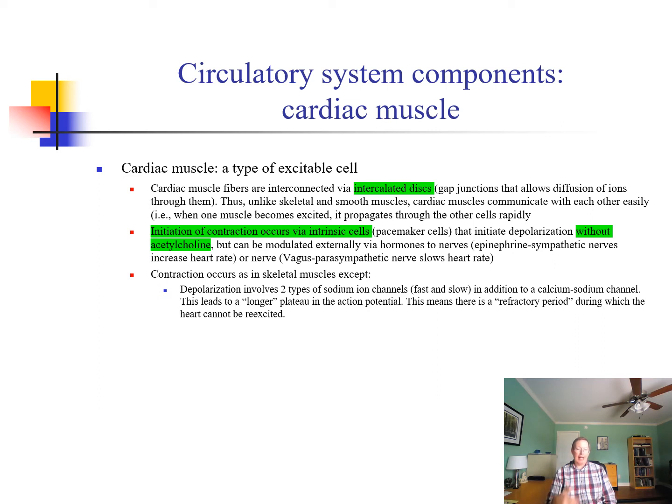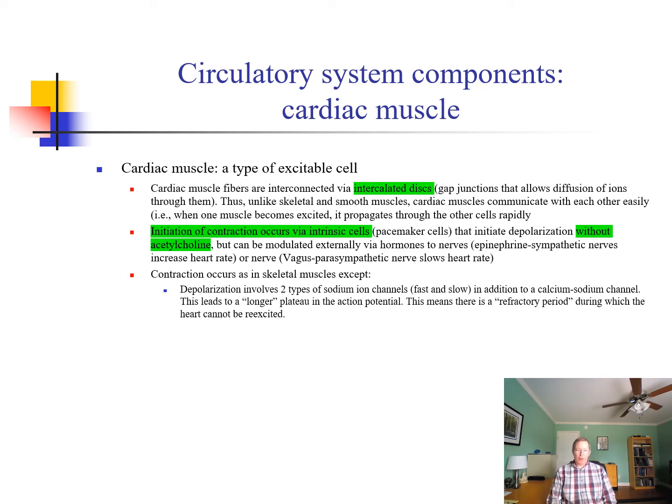Instead, I have these pacemaker cells that will, with a certain time, depolarize automatically. I can modulate how fast this occurs via either hormones, something like adrenaline or norepinephrine, or also via the vagus nerve, which is a parasympathetic nerve that actually will slow the heart rate.